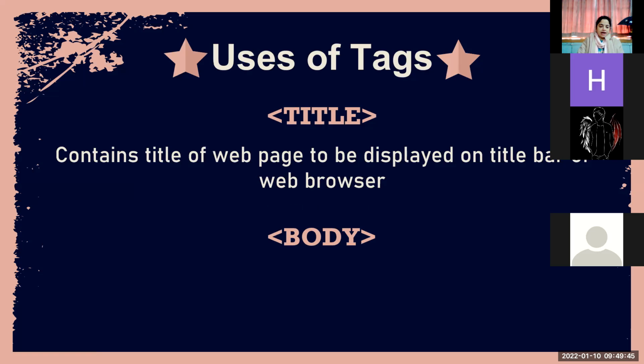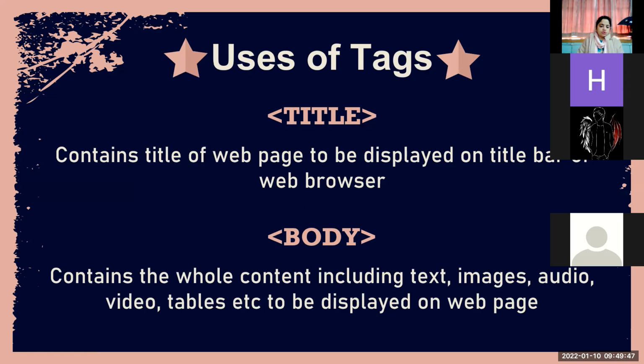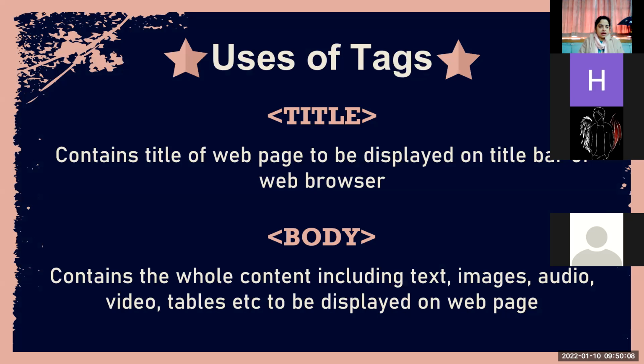Next is body tag. Body tag is used to contain the whole content of the web page. What will be displayed on the web page? Text, images, audio, video, tables, graphs, whatever you want to display on the web page, that is given within the body tag. Clear? HTML tag to define the document as a web page.